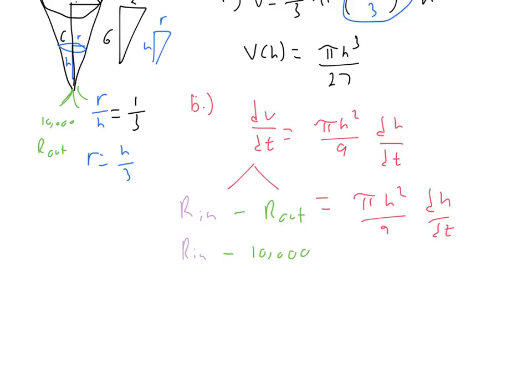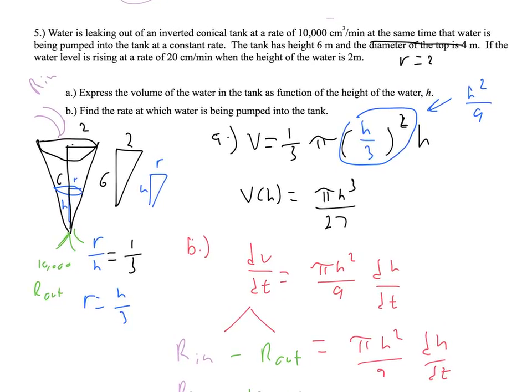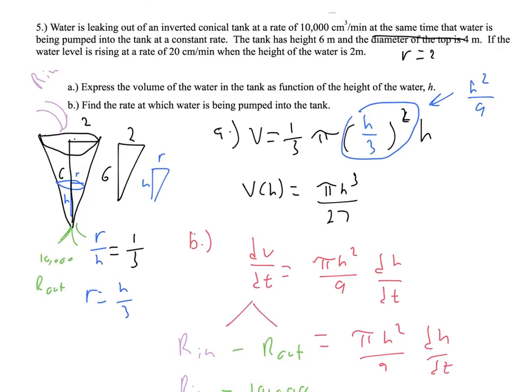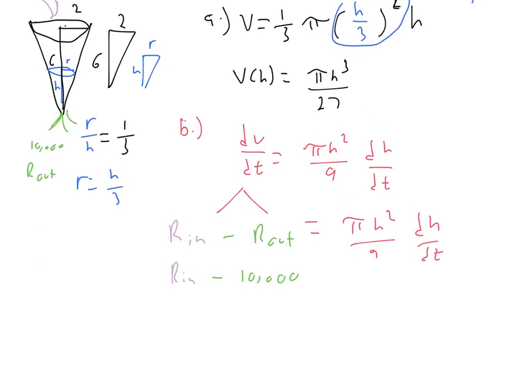And the height is 2. So this is h, and then the water level is rising, so this is dh/dt. So we have pi times 2 squared over 9 times 20.